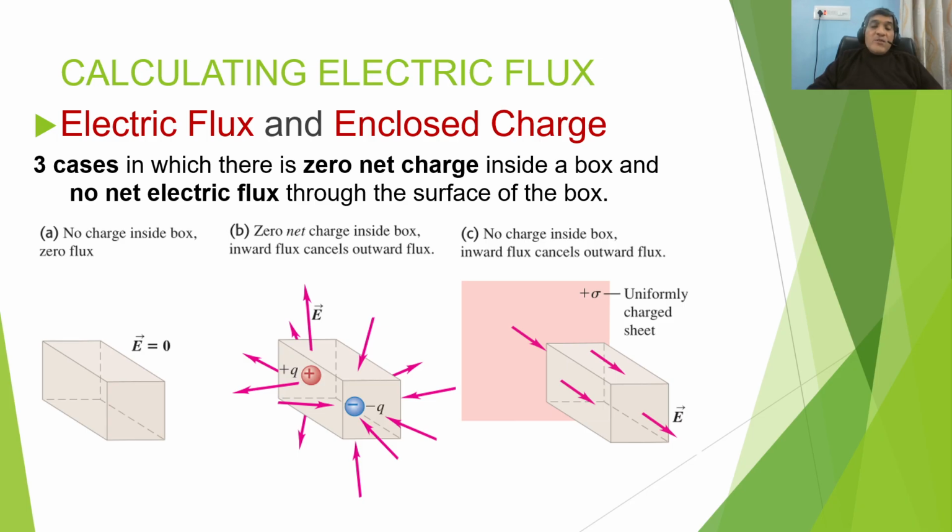As we discussed in earlier PPTs, if the electric field lines from an outside charge enter a surface from one side and leave from the other side, there is no net charge inside, and the number of field lines entering and leaving are the same, so the net flux is zero.